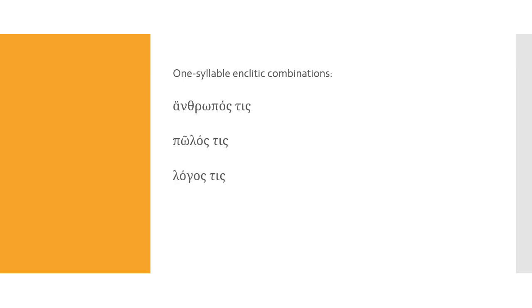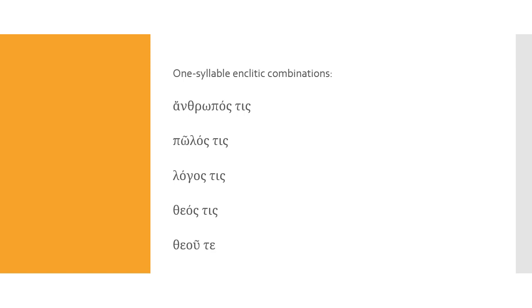What happens if the penult is an acute? In that case, a single syllable enclitic will change nothing about the accent, logos tis. If you have an acute accent upon the ultima, you also do nothing, theos tis. Lastly, theou tis.